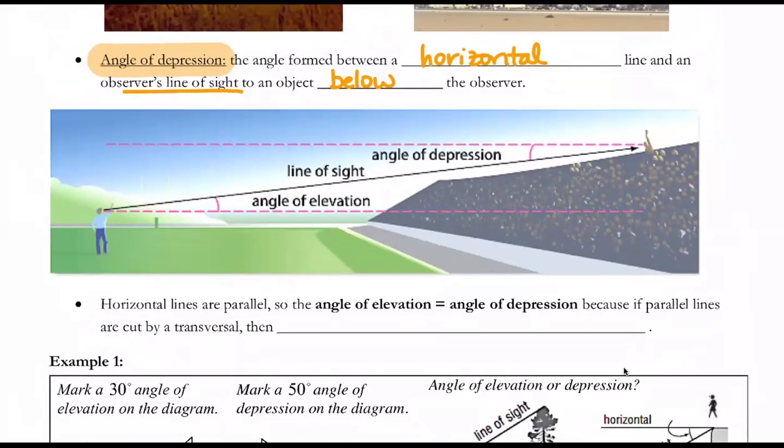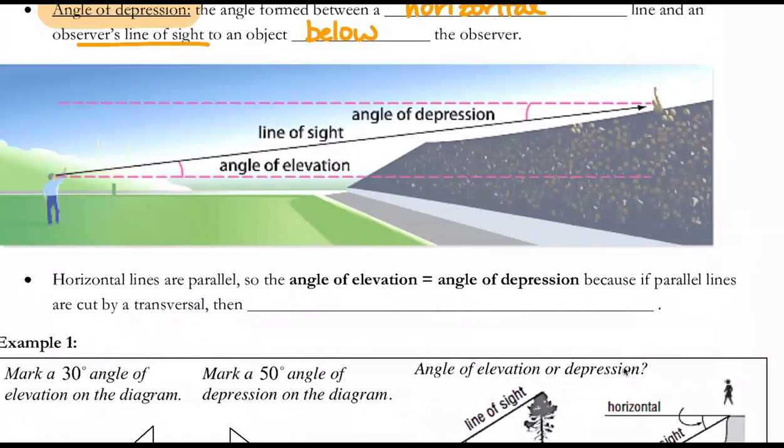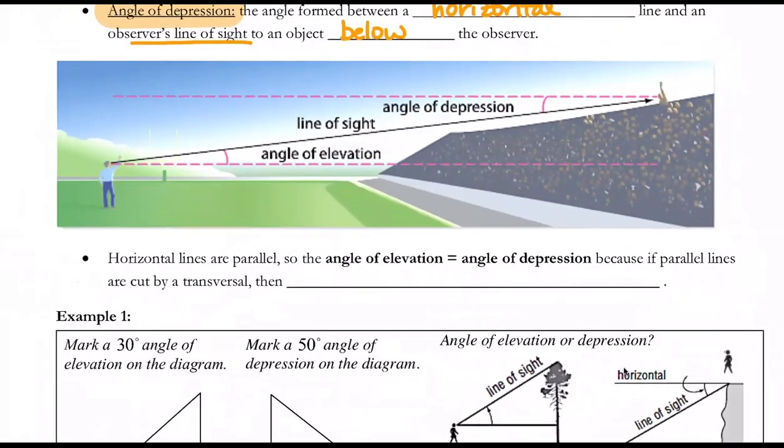Now, if you were to consider this situation here, so let's say there's someone standing on a field looking up at someone in the stands, maybe they're in the press box or up high in the stands. The person who's on the field is looking up at the person in the stands with an angle of elevation of a certain amount. Okay, so that angle measure is the angle of elevation from horizontal looking up.